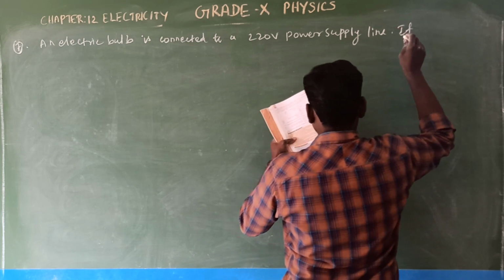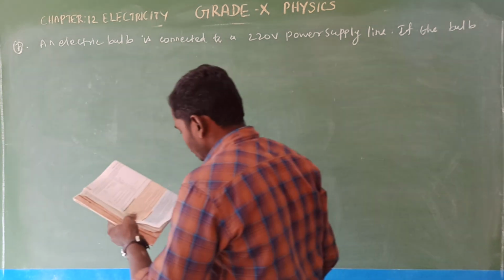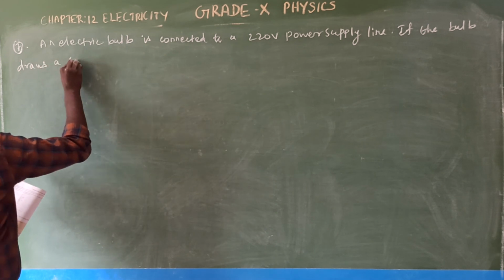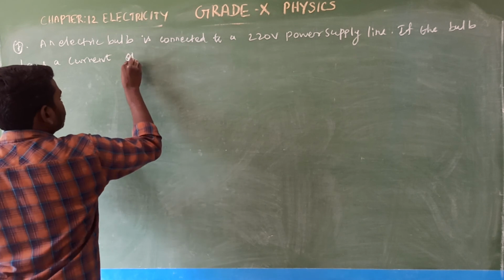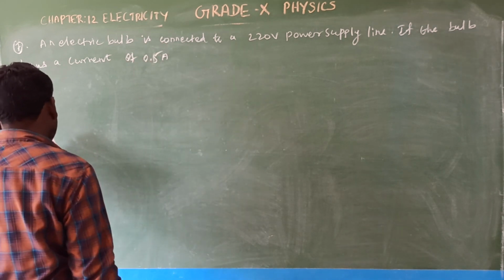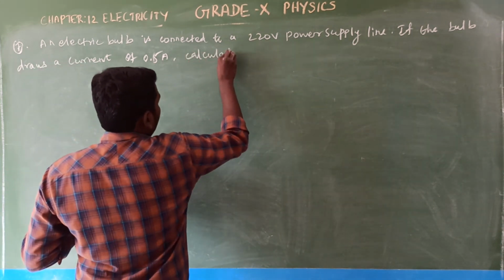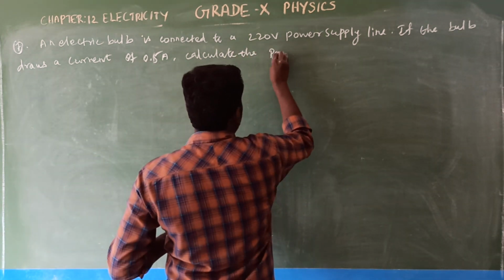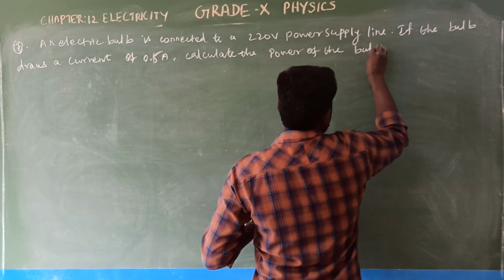If the bulb draws a current of 0.5 ampere, calculate the power of the bulb.